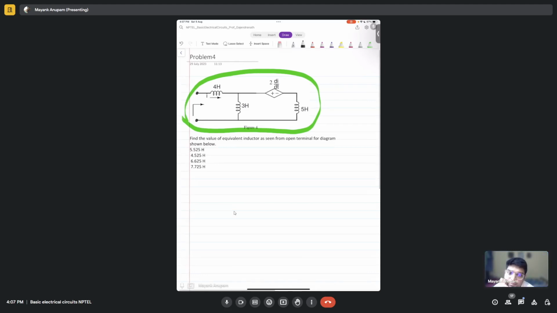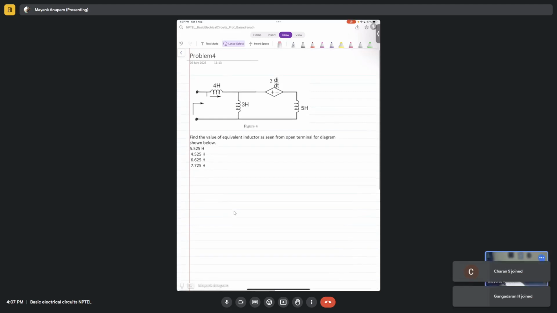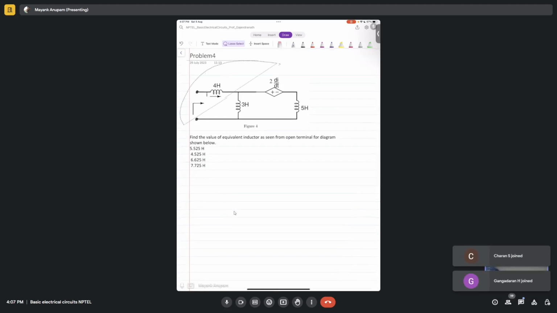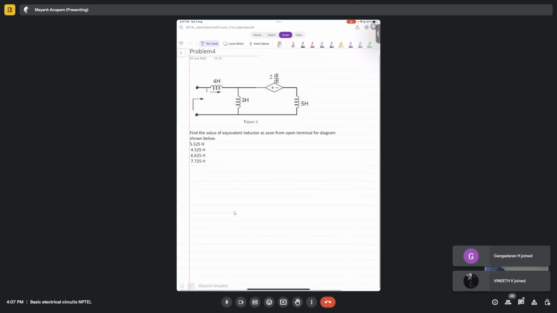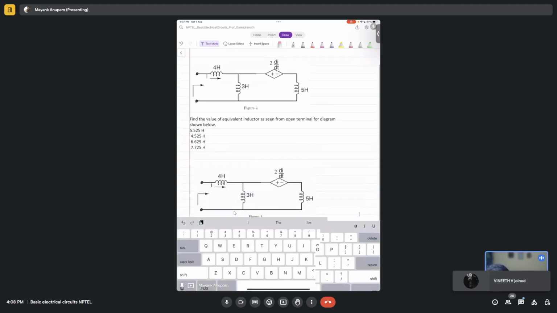I think we need to find the current value. Yeah. For any equivalent thing which we need to find, we need to first attach what? Let me make a copy of this and paste it here. All right, there it is.